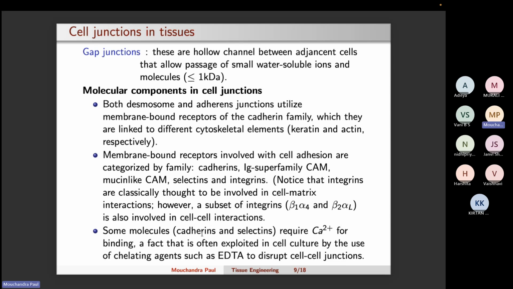The cadherin family of proteins and the selectins are again families of proteins that we just discussed, which are involved in cell-cell junction formation. They require calcium ions for binding.